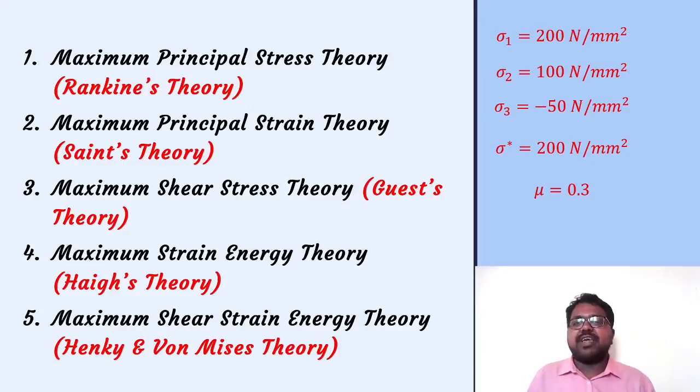Maximum principal stress theory, which is Rankine's theory, maximum principal strain theory, that is Saint Venant's theory, the next, maximum shear stress theory, which is also known as Guest's theory, maximum strain energy theory, Haigh's theory, and maximum shear strain energy theory, that is Hencky and von Mises' theory. Right. So we need to find whether the material is going to fail or not by using all these 5 theories of failure. Let us see one by one how we are going to find whether the material is going to fail or it is not going to fail.